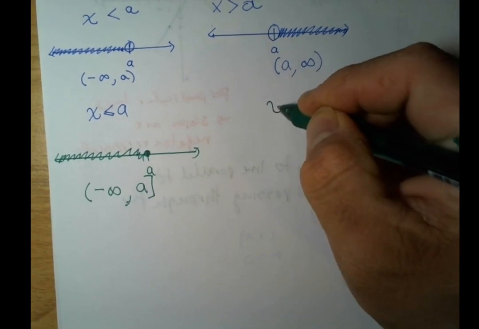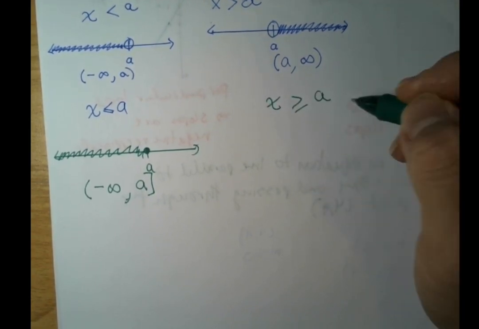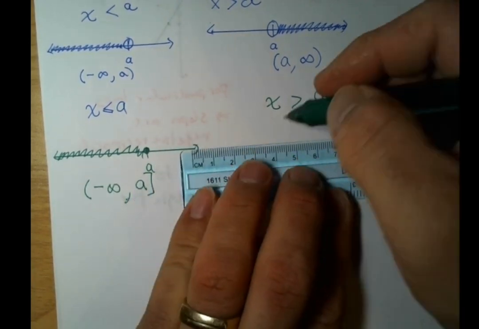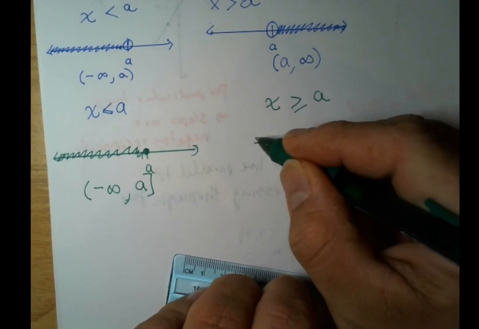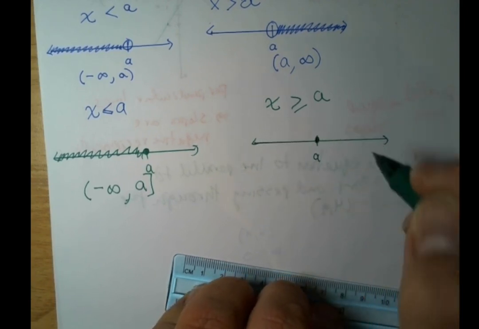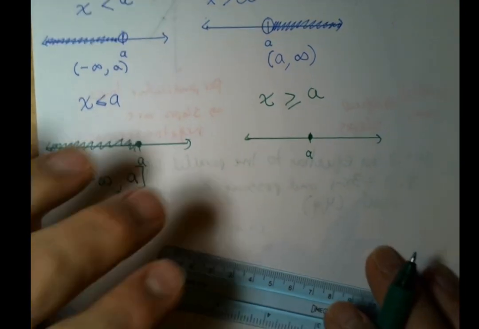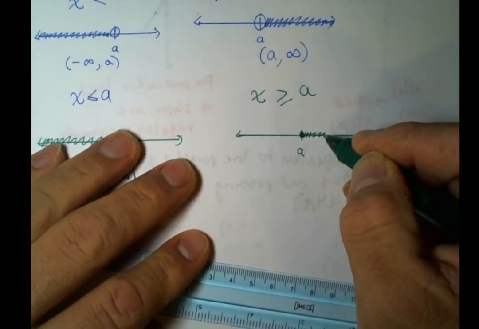Now the fourth one here: x greater than or equal to a. If a is here, again, the only change is that now we are inclusive of a, and greater than or equal to is values to the right.